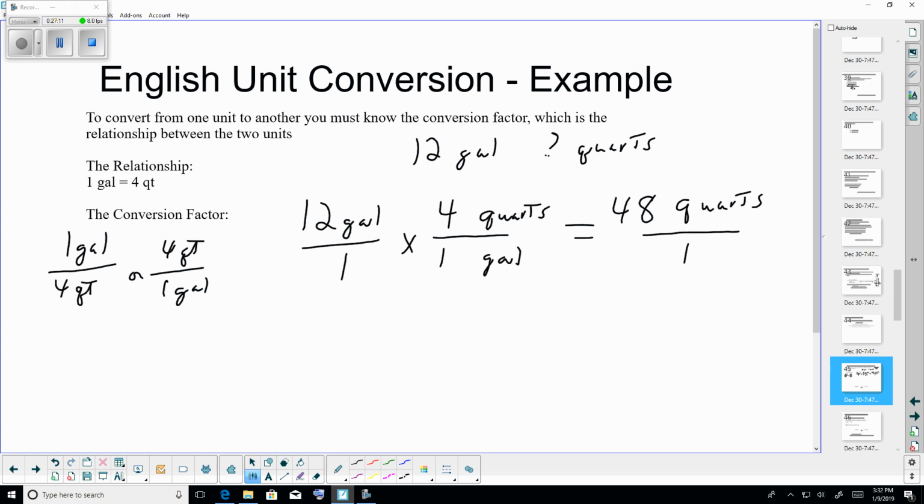Now, if I said, how many pints in a quart? A lot of bakers in here, I can tell. All right. As far as I know, it's 2 pints to a quart.